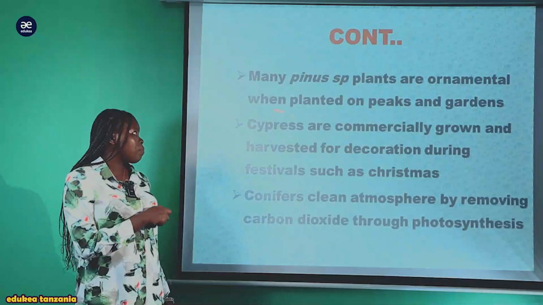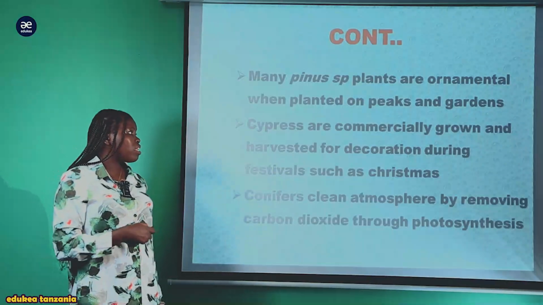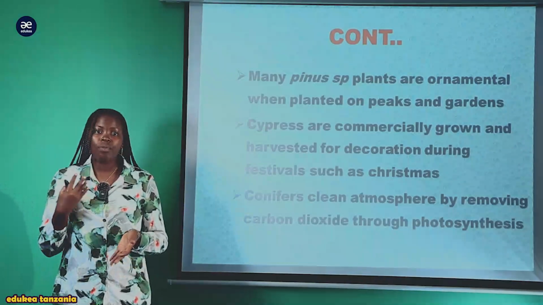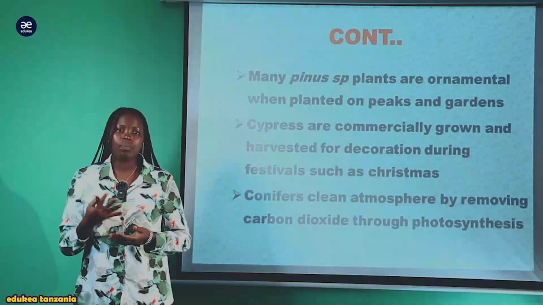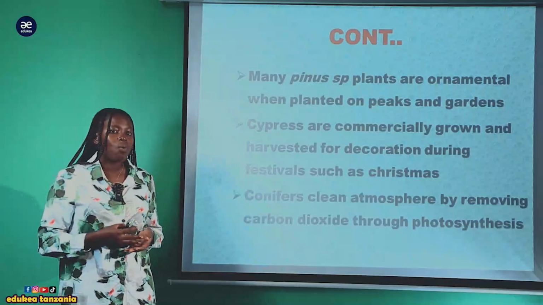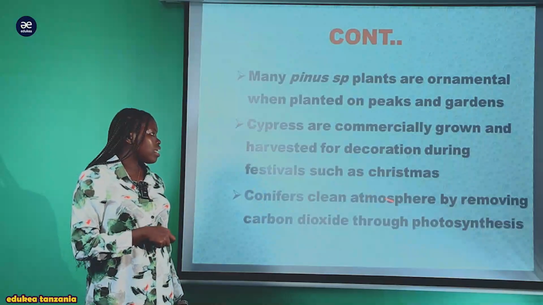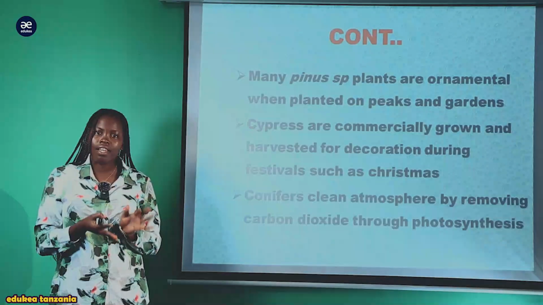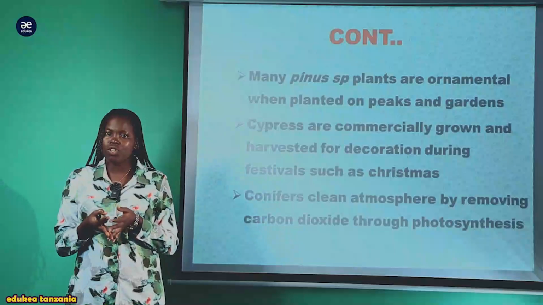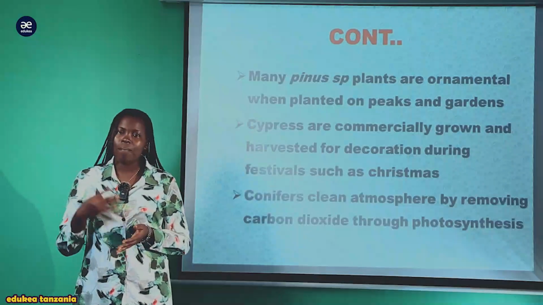Also conifers clean the atmosphere. Conifers are green plants, are photosynthetic plants, so they clean out the atmosphere by performing the photosynthesis process whereby they consume carbon dioxide as one of the raw materials for photosynthesis and release out the oxygen kwa ajili ya respiration for human beings and other organisms.